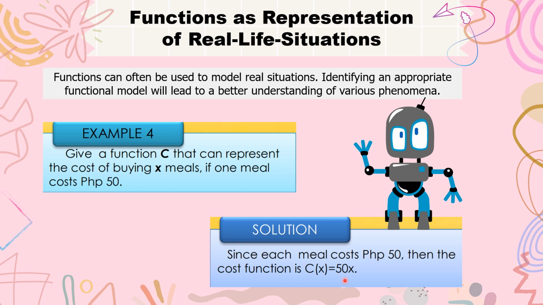So 50 pesos times X, which is 3, is equal to 150 pesos. 150 pesos is the cost of the 3 meals. Thus, C of X is equal to 50x, the function that represents the cost of buying X meals.